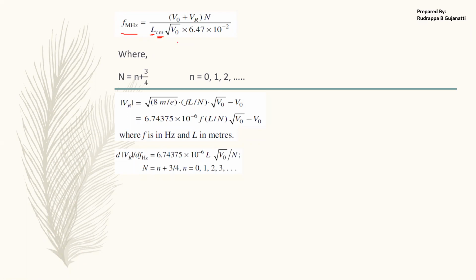The others are regular, that is, this is in volts, this does not have any units. Okay. Again, we can obtain this from one of the equations by derivation, but we are not doing it here.